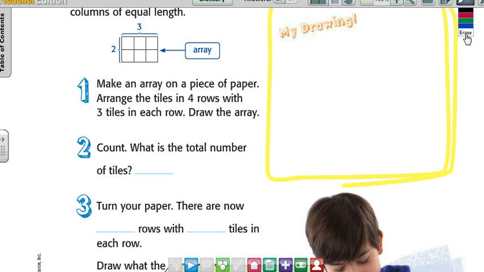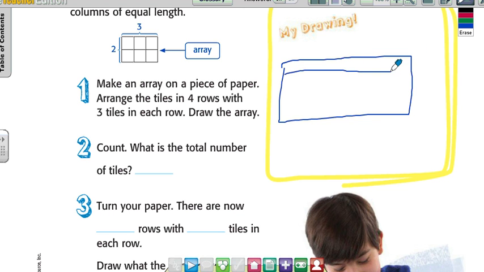So they basically want you to look like this. How many rows? 4. 1, 2, 3, and 4. And then how many tiles in each row? Just like that. And then draw the array.